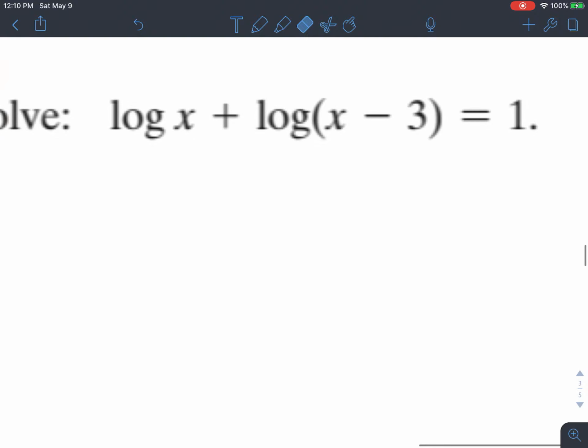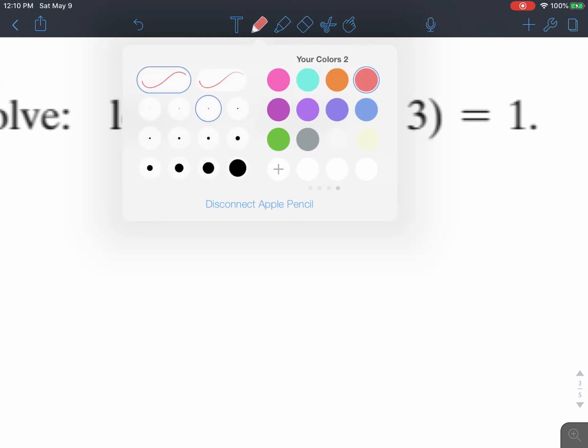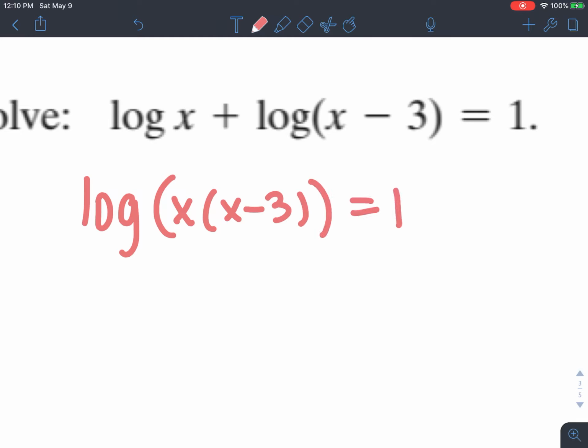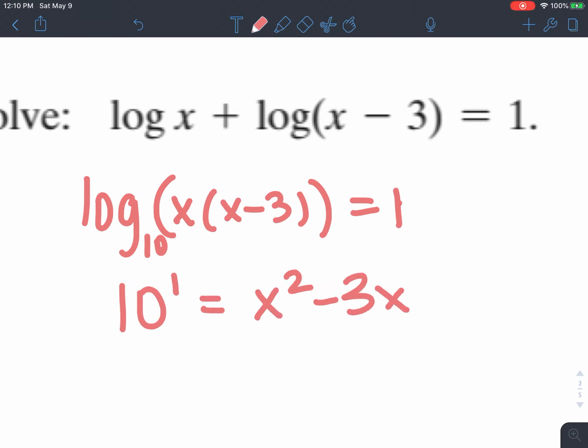Okay, let's come over to this one. We're going to start by making it one big log. This doesn't have a base, so it must be a base of 10. So that's 10 to the 1 equals x squared minus 3x.